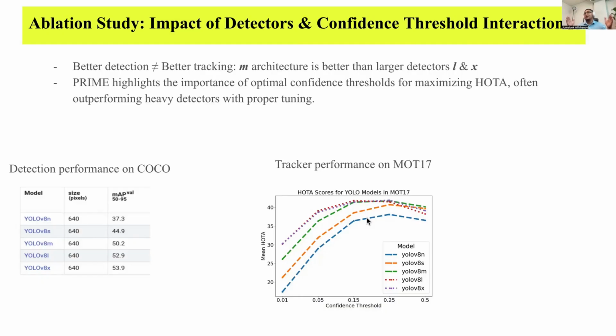We have to see things through the lens of PRIME, the proposed framework. Without PRIME, we wouldn't be able to evaluate the effect of detectors on final tracking performance, right? Because now, thanks to PRIME, it treats the whole unified system as a single tracking pipeline. That's why we are able to measure these accuracies.